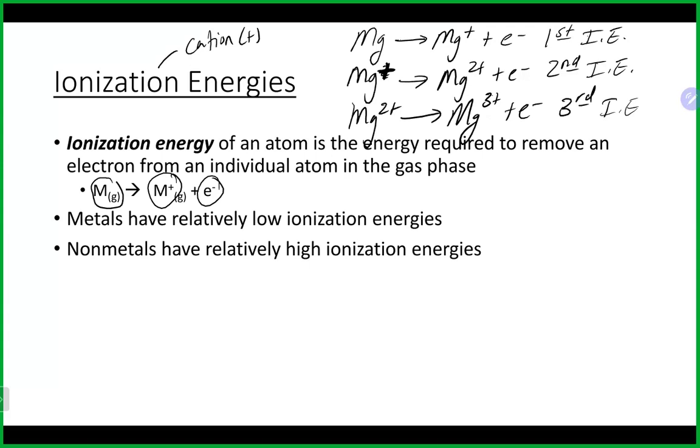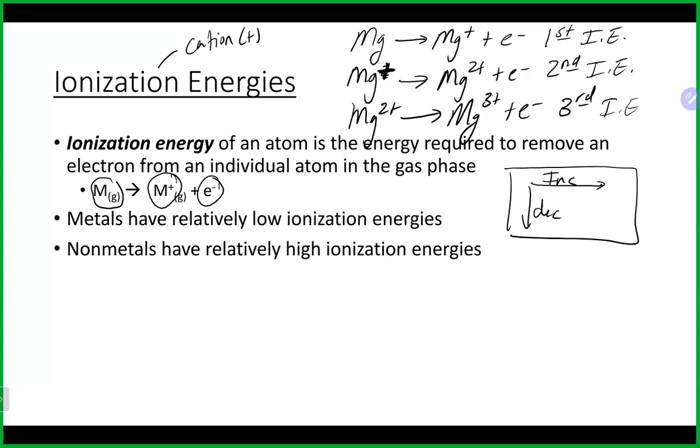So it takes a lot more energy to remove, say, the second electron than the first, a lot more from the third than the second, and so forth. So the general trend in ionization energy on the periodic table: for the first ionization energy, it increases as you go to the right and decreases as you go to the left. And between first ionization energy, second ionization energy, and third, it increases every time you take off an electron.